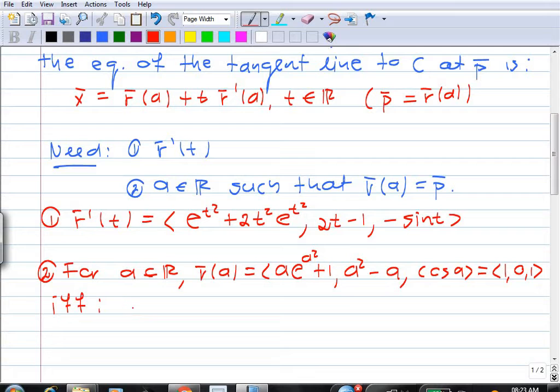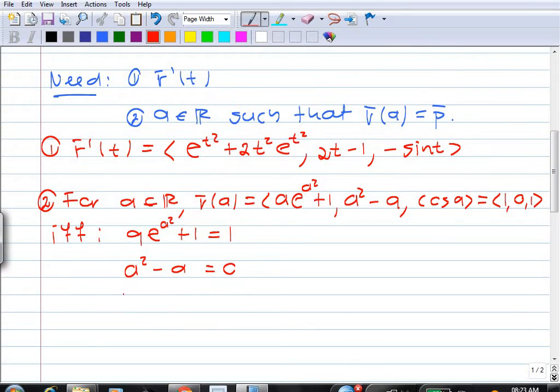So we've got three equations. We've got a e to the a squared plus 1 is 1. We've got a squared minus a is 0.